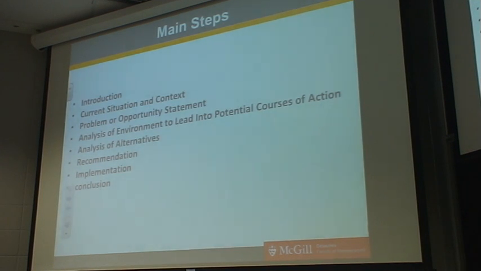Now, your problem or opportunity statement: your problem is either going to be something you need to solve, or your opportunity, what type of opportunity is it you're trying to take advantage of? For example, you might have identified through your analysis that there's a certain gap in the market for certain unfulfilled needs that no other company is currently fulfilling.